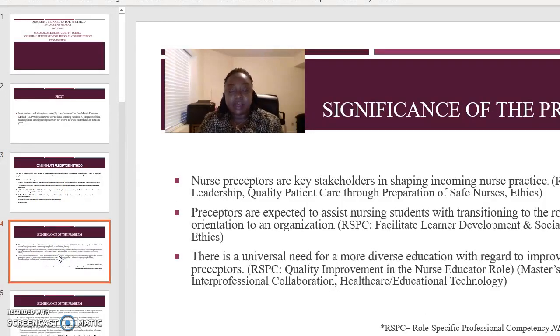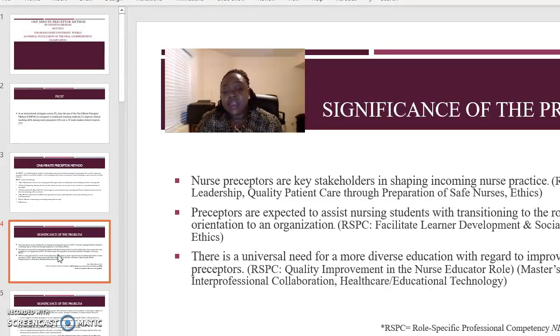Now, the significance of the problem is that nurse preceptors are key stakeholders in shaping incoming nurse practice. Preceptors are expected to assist nursing students with transitioning to their role to facilitate the clinical experience.